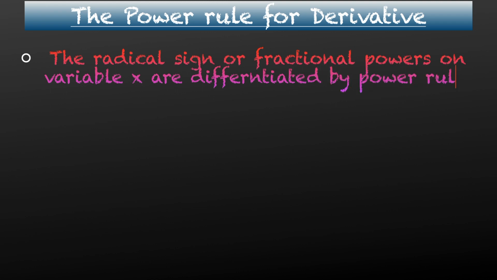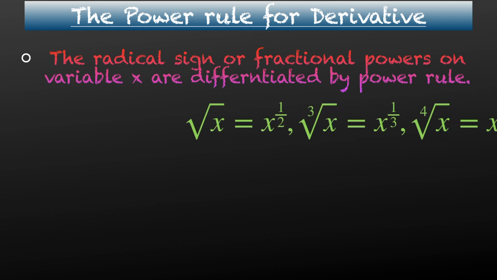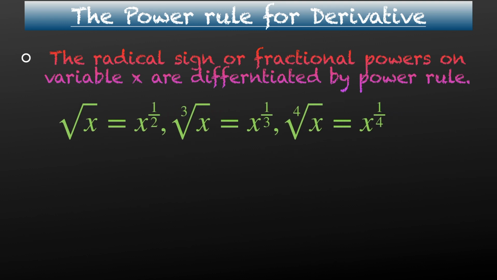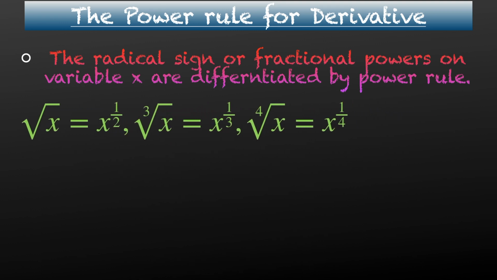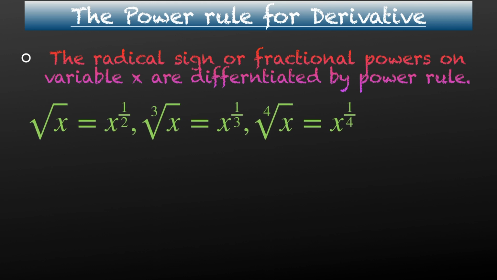You already know square roots are powers, cube roots are powers: square roots are 1/2 power, cube roots are 1/3 power, and similarly fourth roots are 1/4 power. So here we find the derivative of a radical sign on a variable. What is the first derivative of under root x?